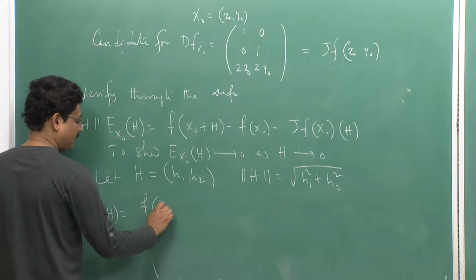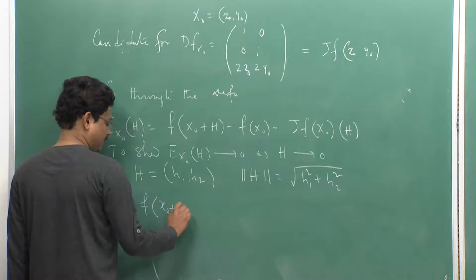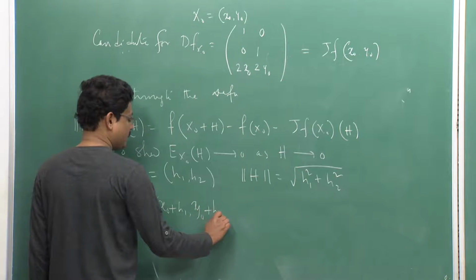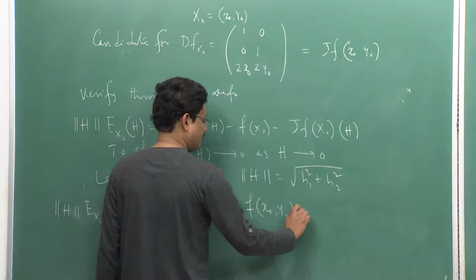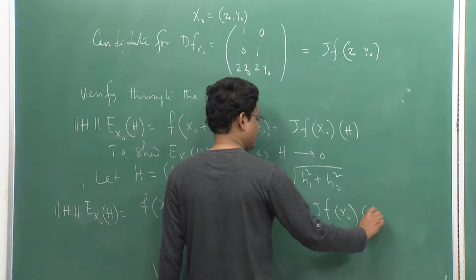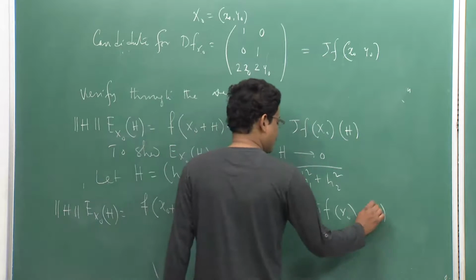f of x naught plus h1, y naught plus h2, minus f of x naught, y naught, minus Jf(x naught) at h, which is h1, h2.